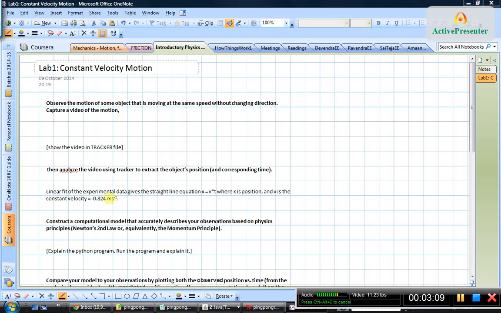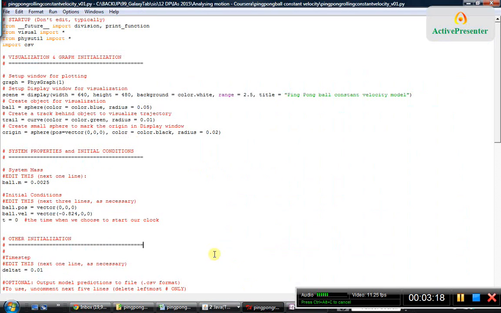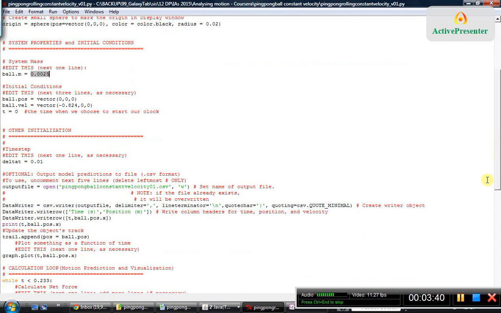Next I have to construct a computational model that accurately describes my observations, and I have to explain the Python program. So here is the program. This is where I edited it. The ball has a radius of 0.05, and the origin is at 0, 0, 0, and I entered its mass, though it's not relevant in this particular modeling.